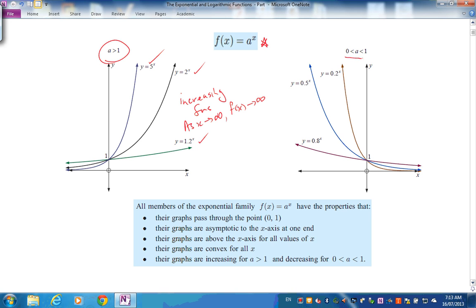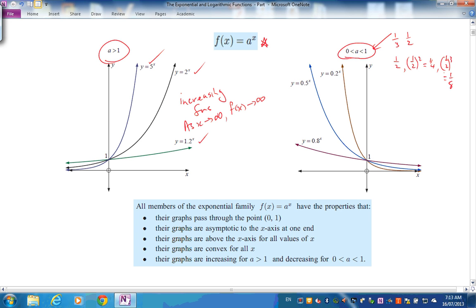Over here, a is a fraction, between 0 and 1. It could be a third, a half, something like that. We're talking about raising a fraction to a power. A half squared would be a quarter, getting smaller, and then cubed would be an eighth, getting smaller.